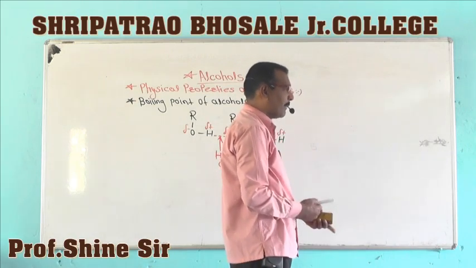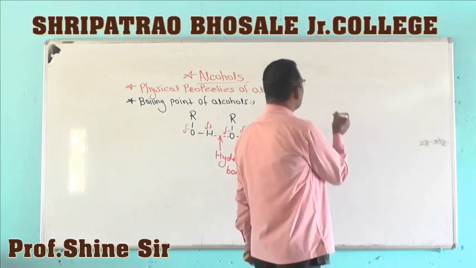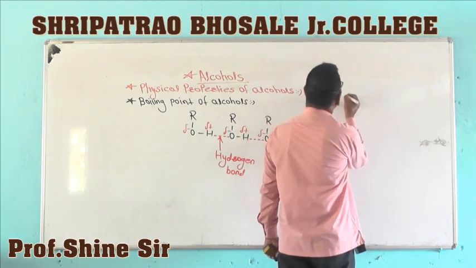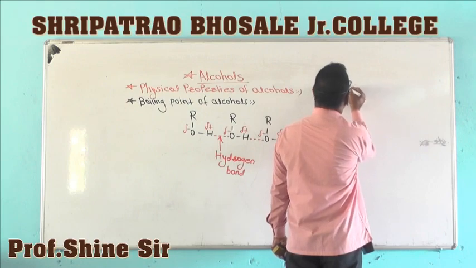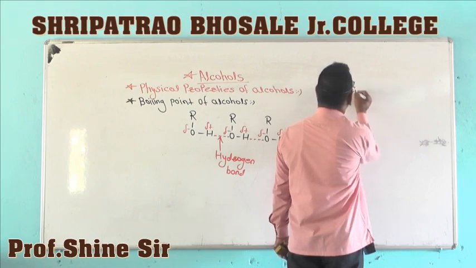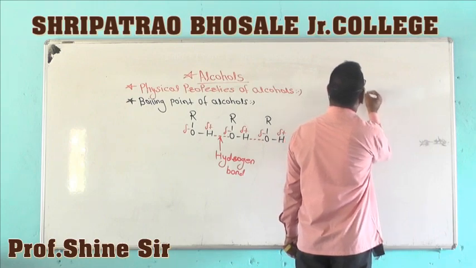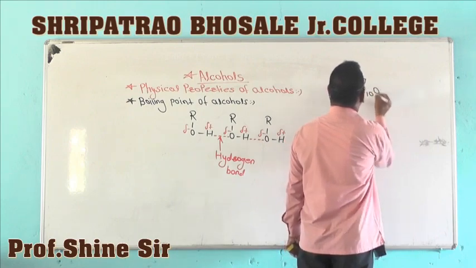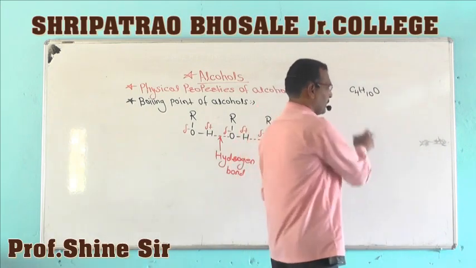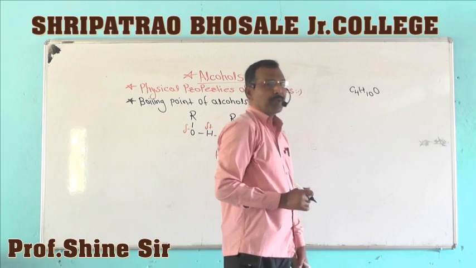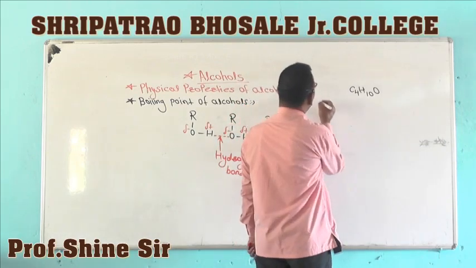For example, consider a compound having molecular formula C4H10O. First of all, I will show its isomers.